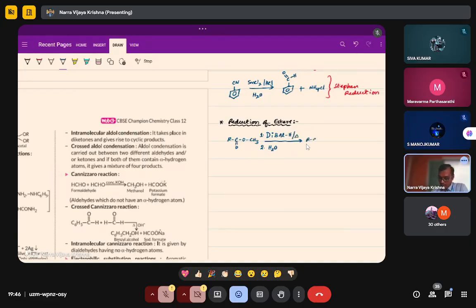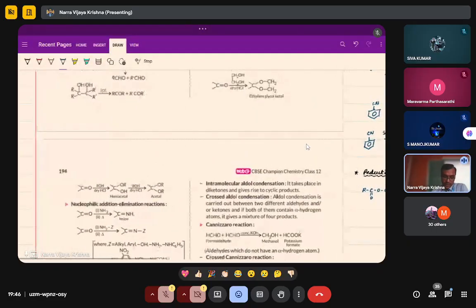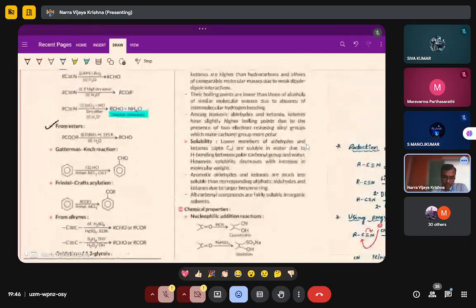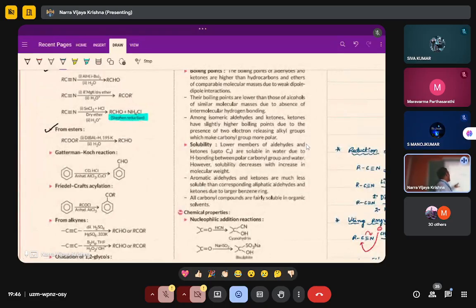You will get aldehydes, plus the other part will convert into alcohol. We call it reduction by using diisobutyl aluminum hydride, reduction of esters to aldehydes, right? So DIBAL is a specialist for reducing esters to aldehydes.